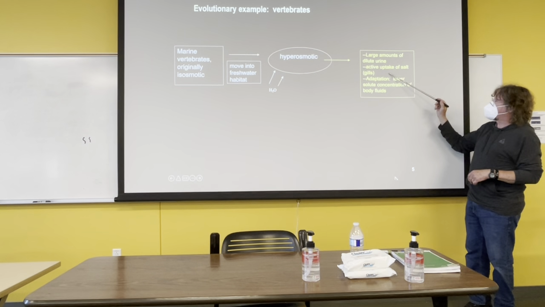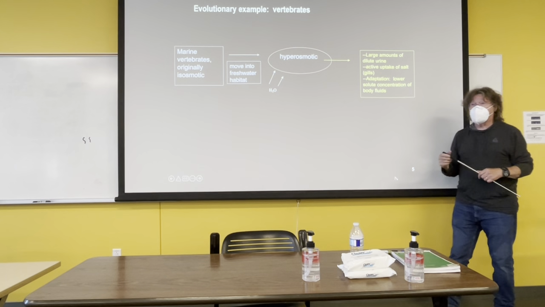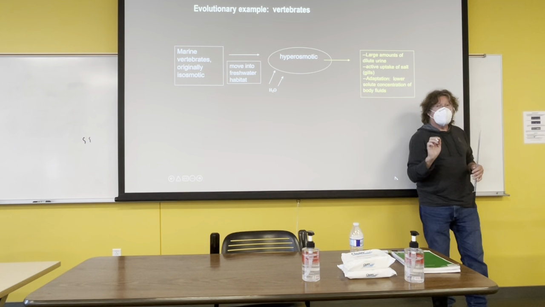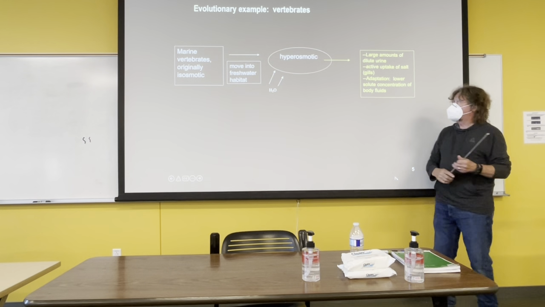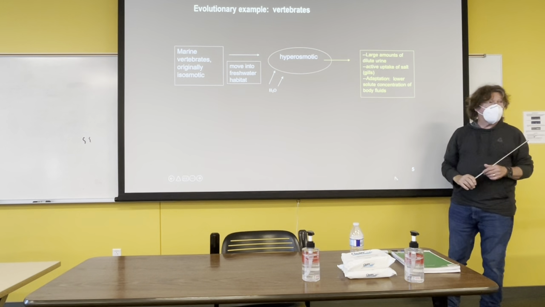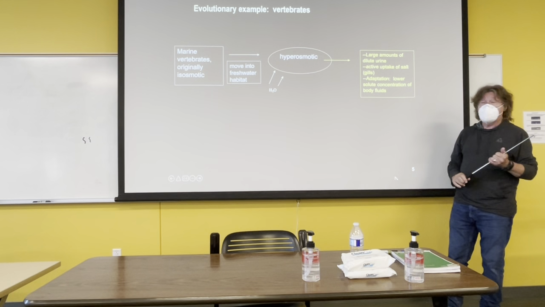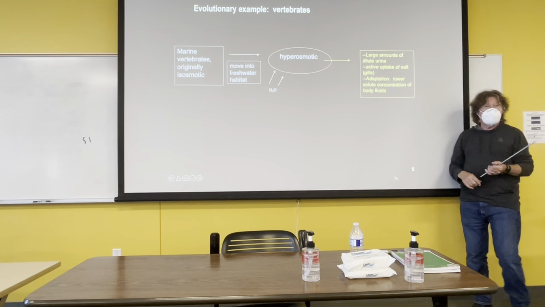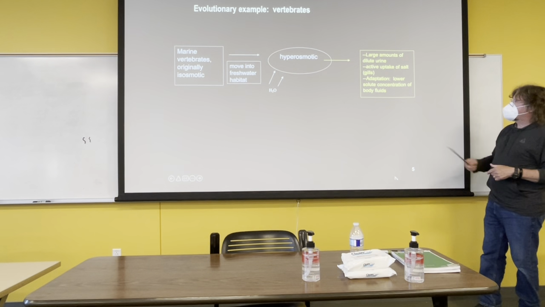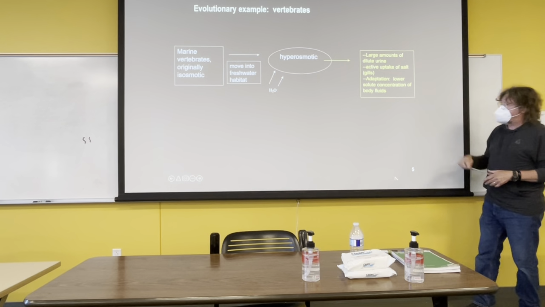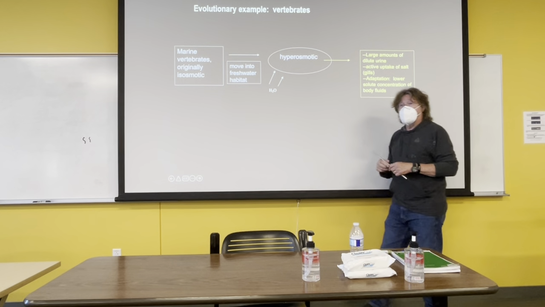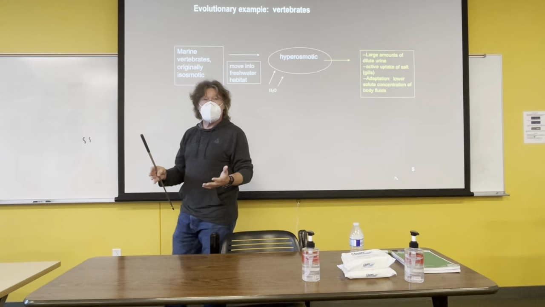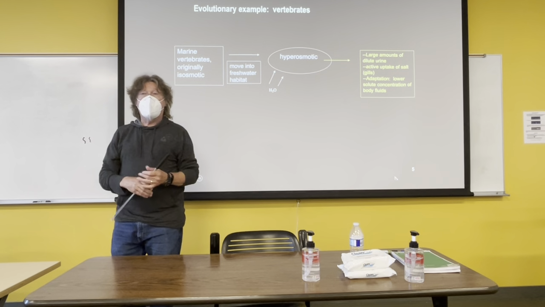Furthermore, their gills have sodium chloride pumps in the epithelium, in the lamella, that use active transport to take up sodium and chloride, so it's actively pumped out of the water into the blood. And another long-term adaptation has been to lower the gradient between solute concentrations in the body and in the water.